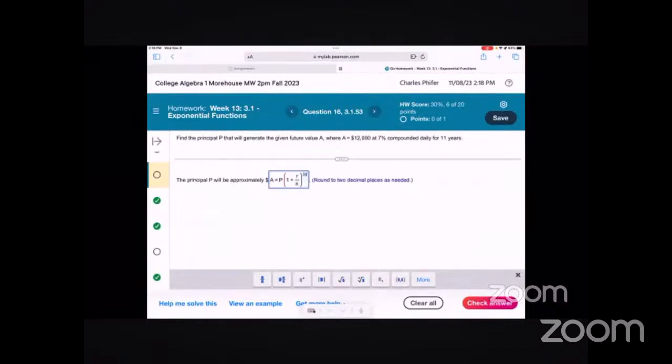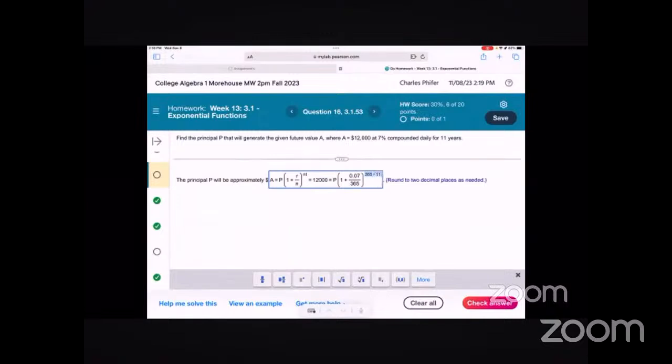Now we want the future amount to be 12,000, and that's going to be equal to, now we're trying to solve for the principal, 1 plus the rate, 7%, so that's 0.07, divided by, it's compounded daily, so 365 is our n, to the power of 365 times our t, time is 11 years.